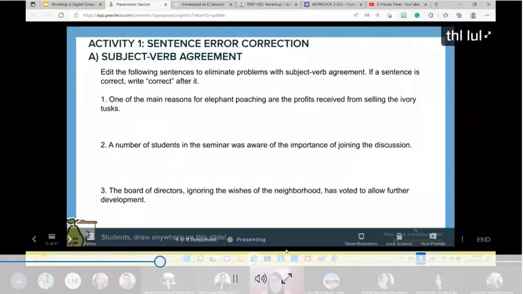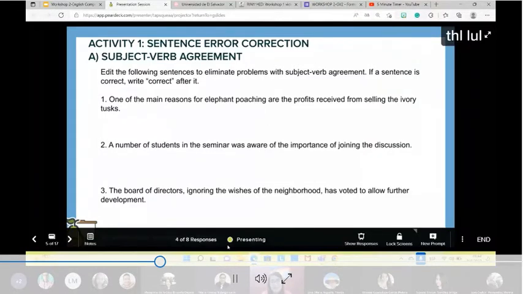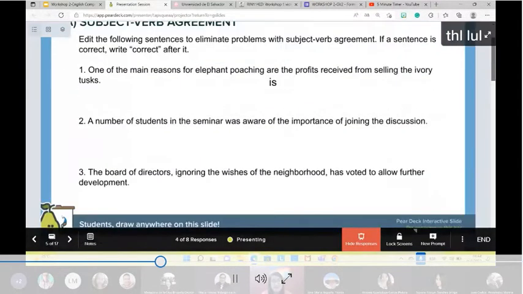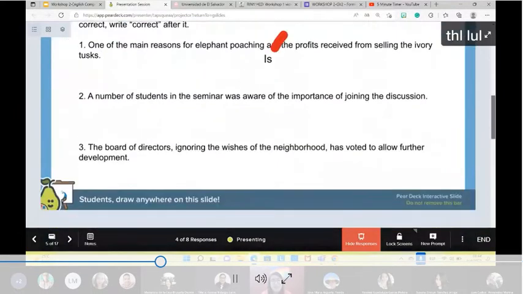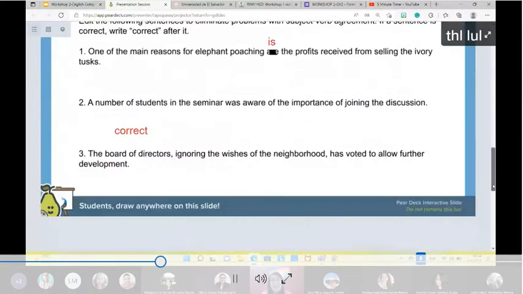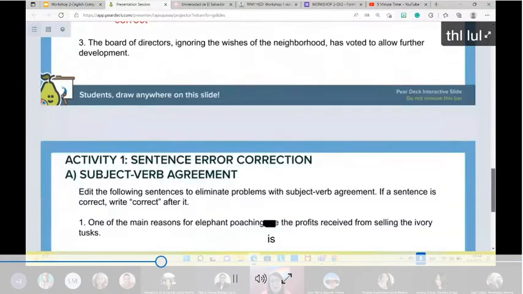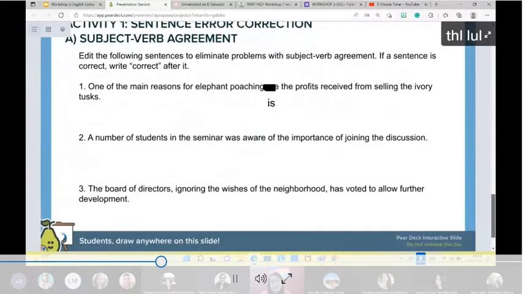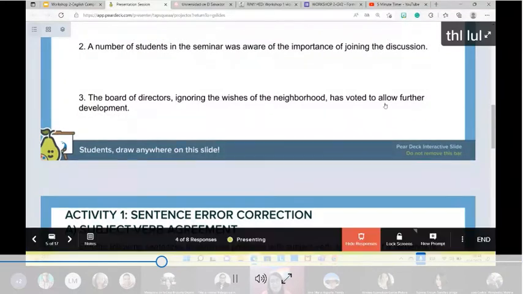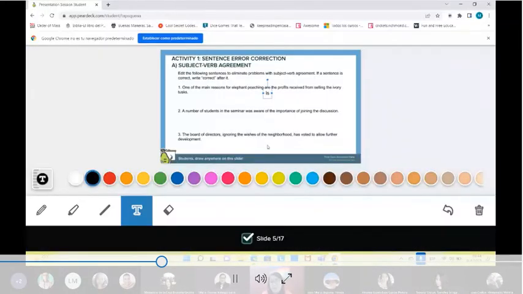So what do you think about that one? We have 4 answers of 8. Is. Number 2 or number 3 is the one that is correct. I wouldn't say that number 2 is correct. A number of students.